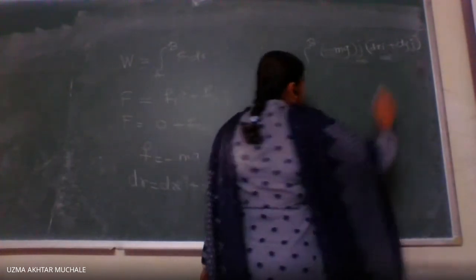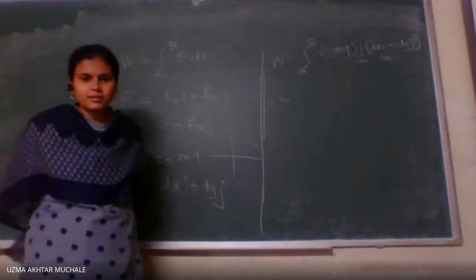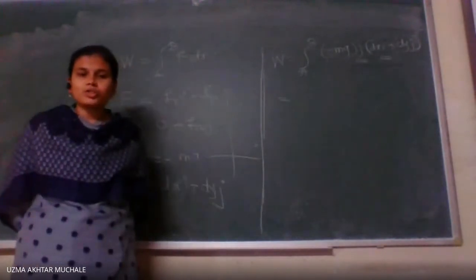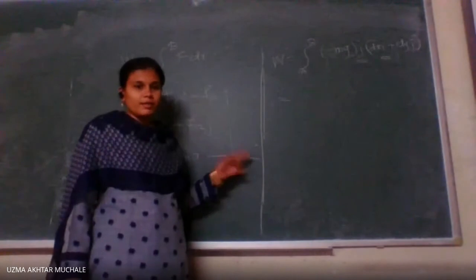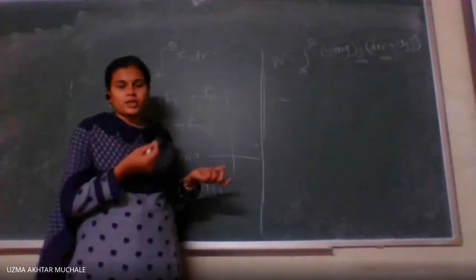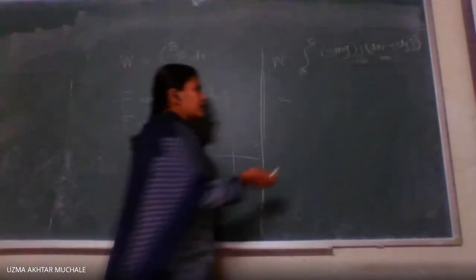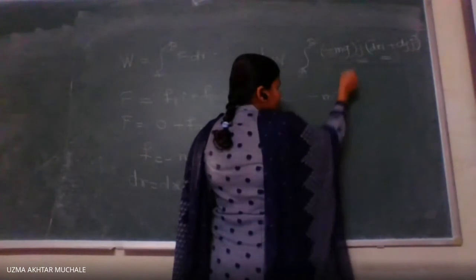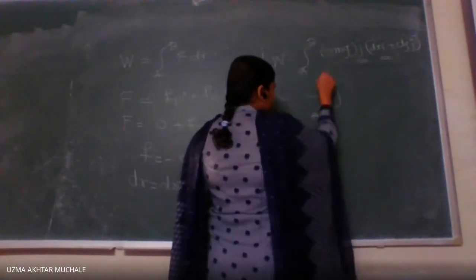So what will be j dot j? 1. Now, mod j into cos of 0, because j dot j means there is no angle between itself. If you take two vectors in the same direction, what will be the resultant? It will be simply 1. So we can say here minus mg as it is, j dot j is 1, integration from a to b.